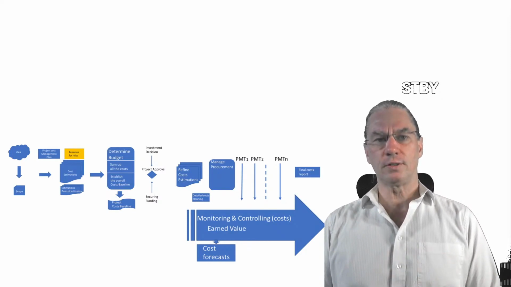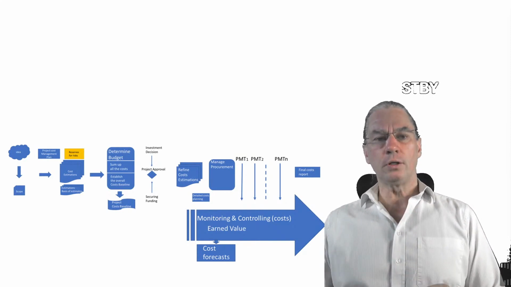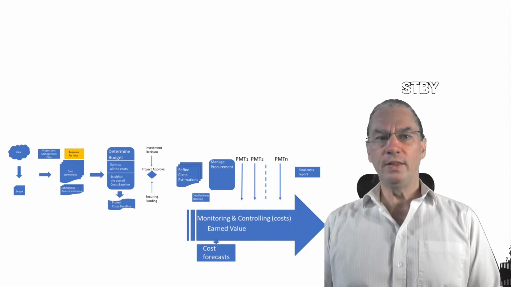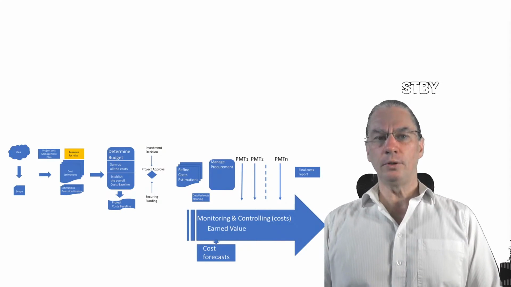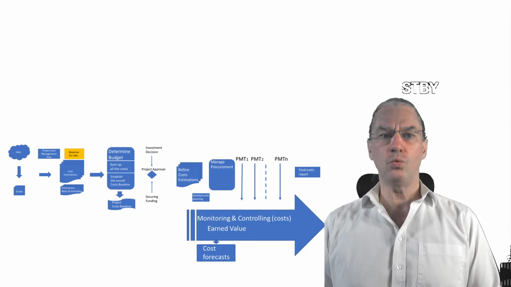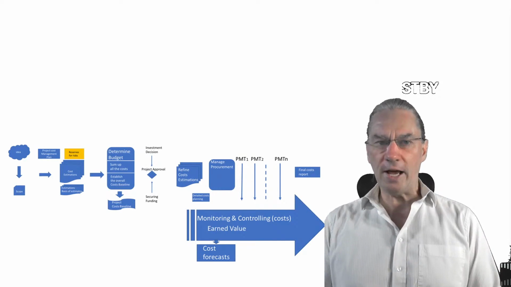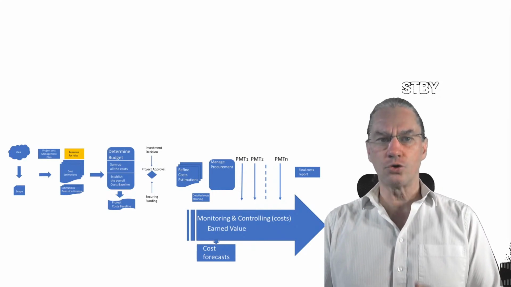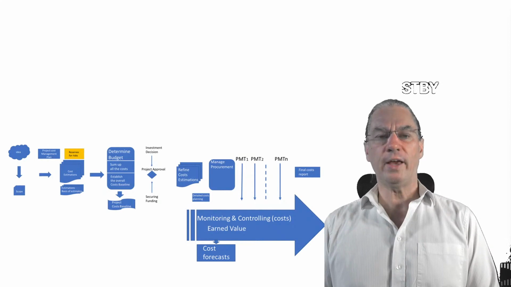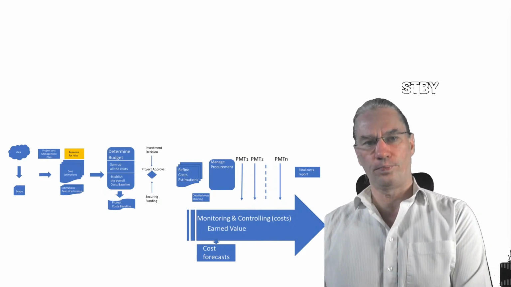It's the budget that we've defined in chronological order. With this, we will be able to say at what time, which spending, which cost we should have. And of course, we will compare this to the reality, the actual costs we have in the project, and we will compare the two.